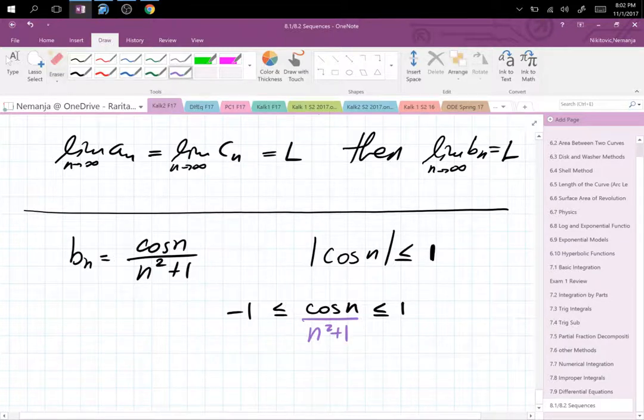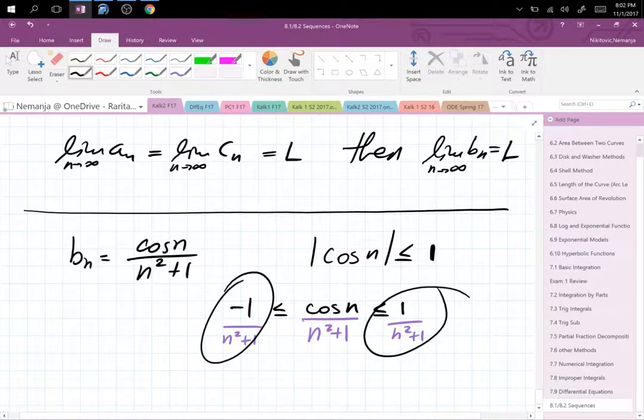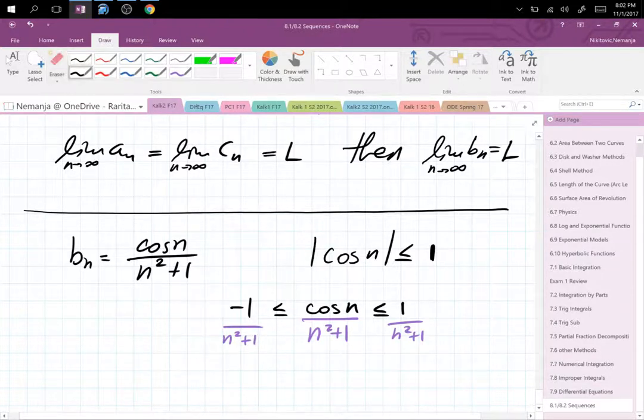You can't divide just one side, you have to divide all 3 sides by n squared plus 1. Now you see that the one in the middle is exactly the same as the function we had, but we also have these 2 squeezing sequences to the left and to the right.